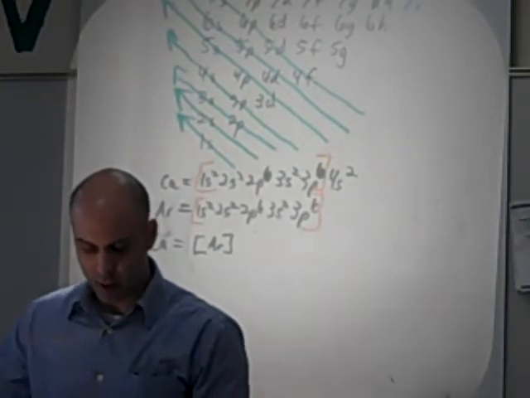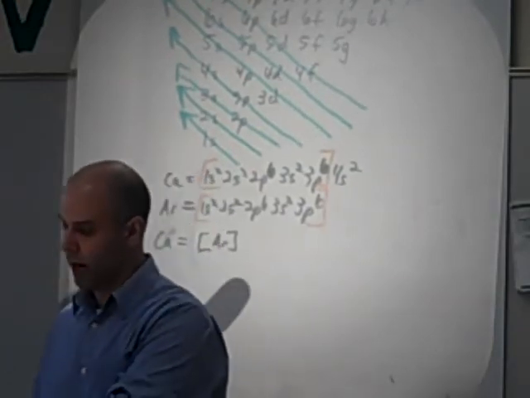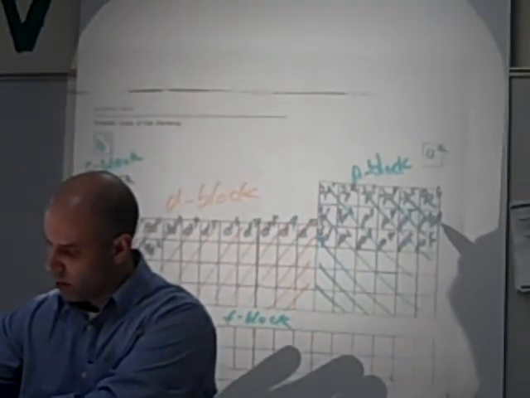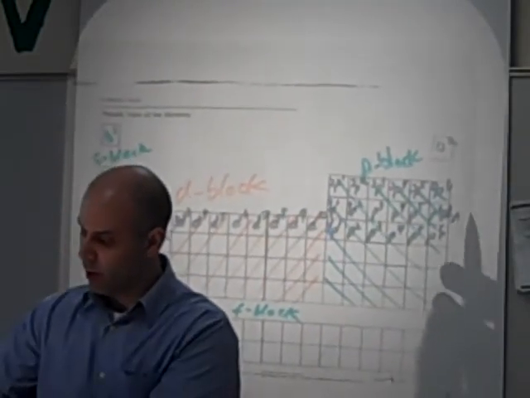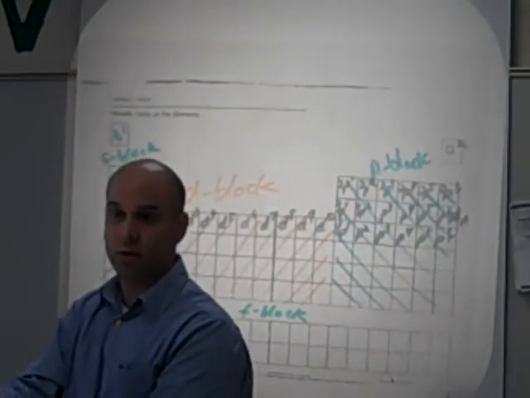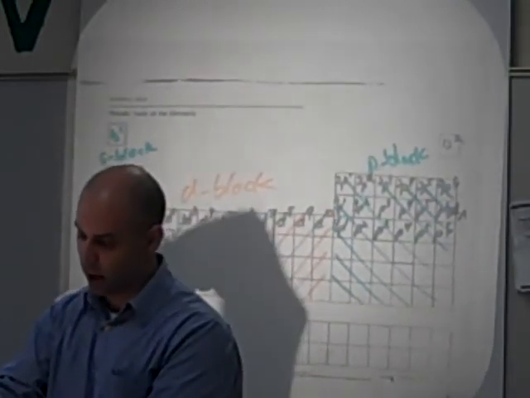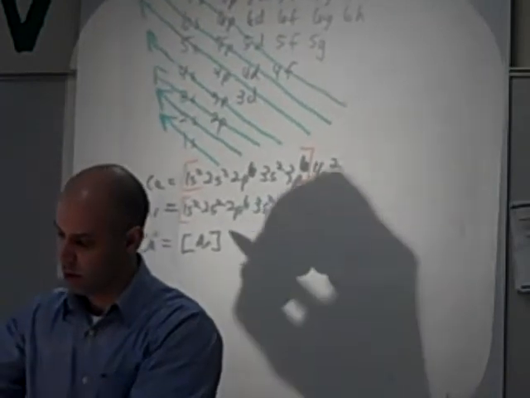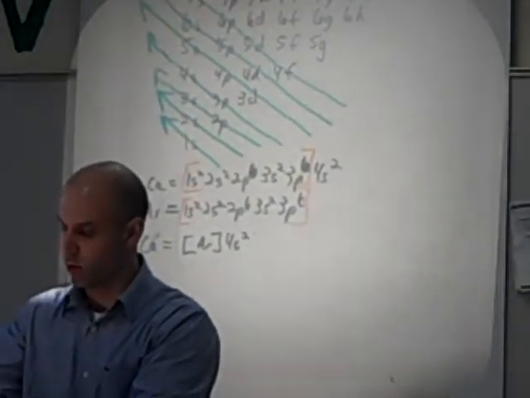And then you have to count off what you have left. So here's argon. And then what do we have left to get the calcium? 4s1, 4s2. That gets me to calcium. So I would have argon, 4s2.